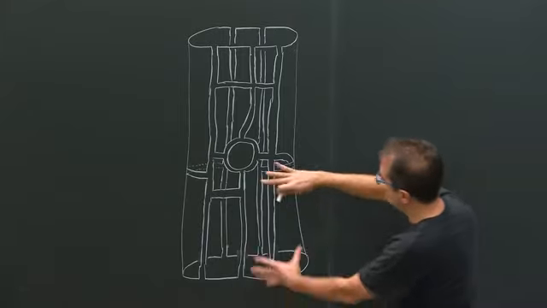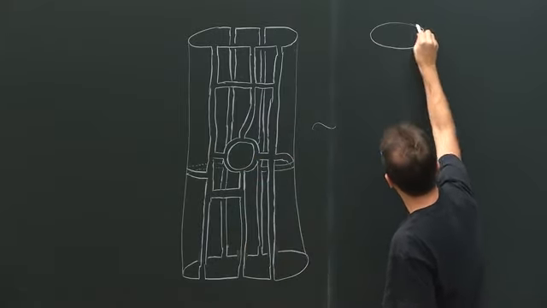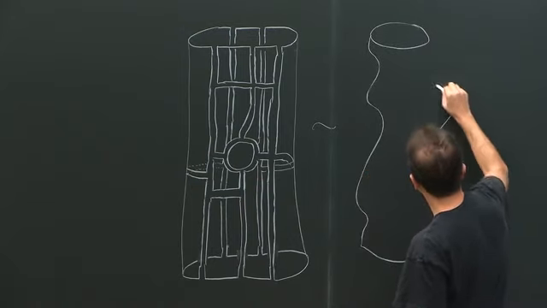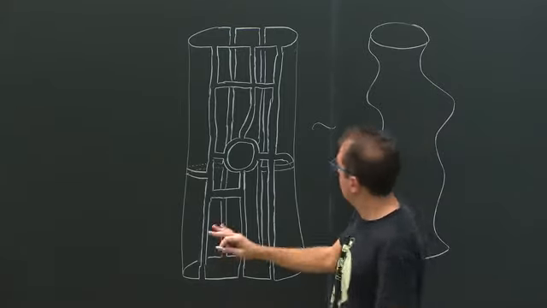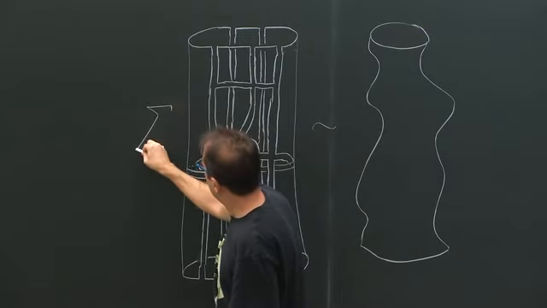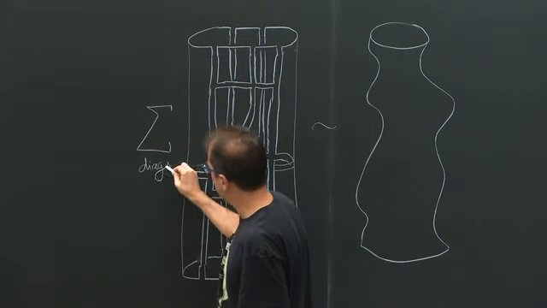But as you imagine, as you put more and more vertices, this looks very much like starting with some string and summing over all possible shapes of the string that goes from here to here. So the idea would be that you take this thing and you sum over all possible diagrams that fill in the cylinder.